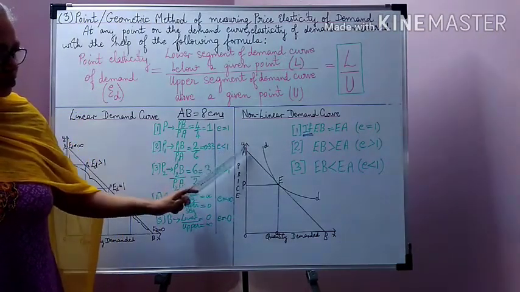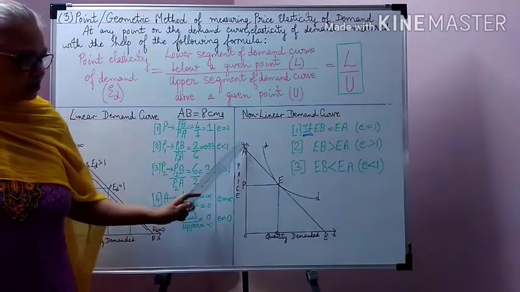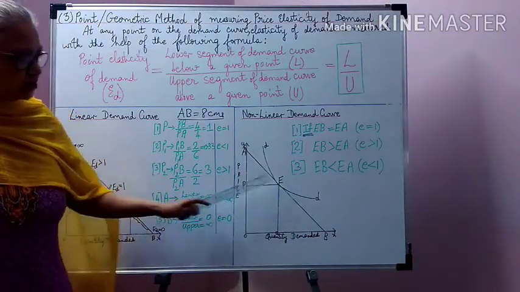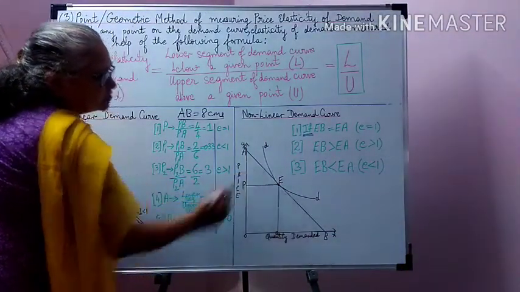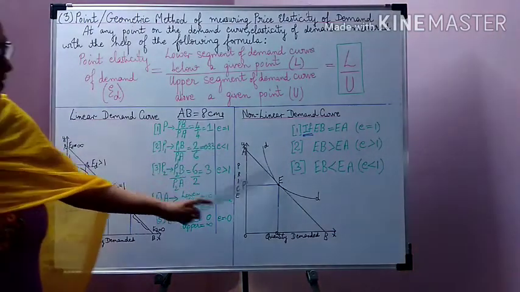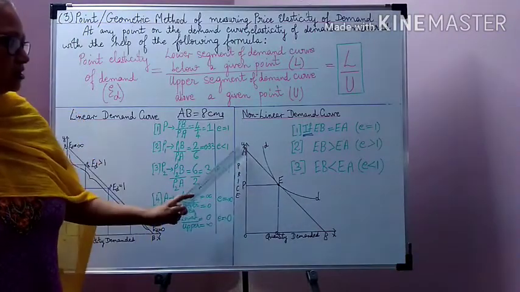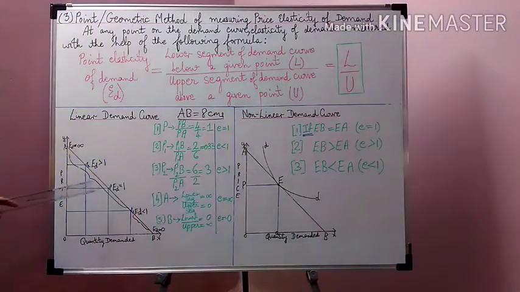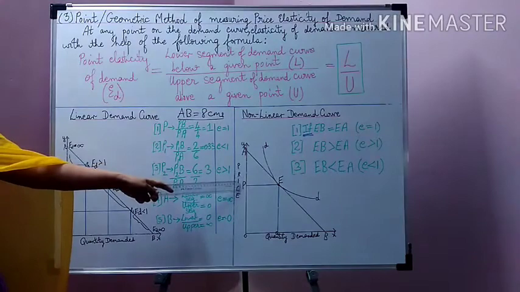So I have drawn one tangent over here, AB. It is touching only at one point, and that is point E. I have named it. Now you get a straight line demand curve which intercepts both the axes, AB, which is similar to this now. Adopt the same formula to calculate elasticity of demand.